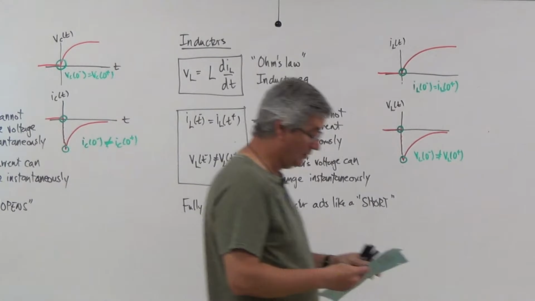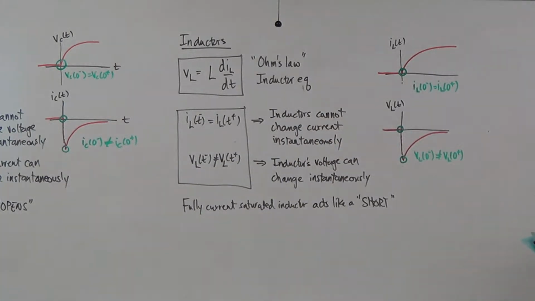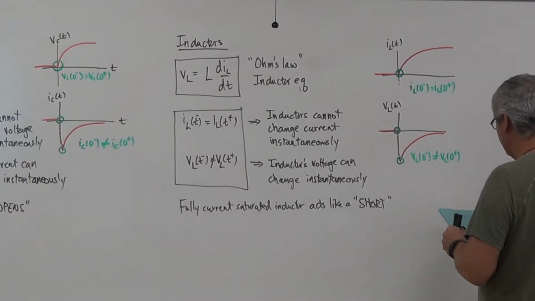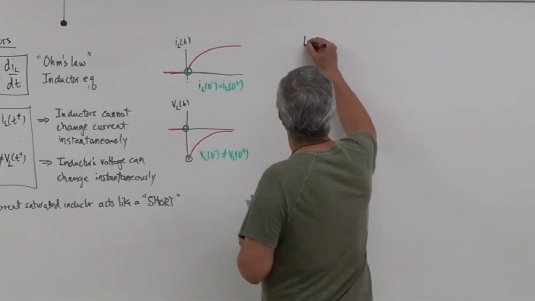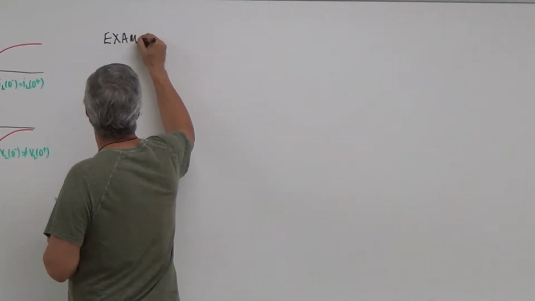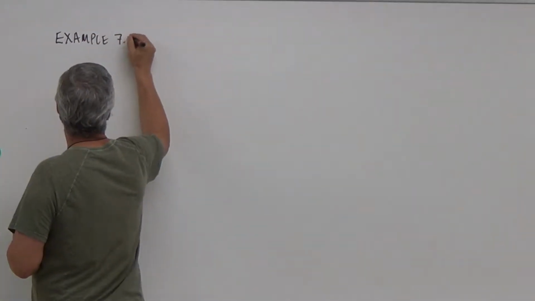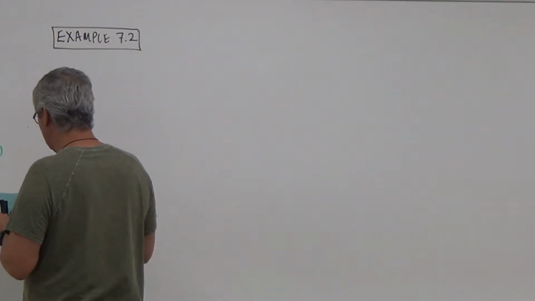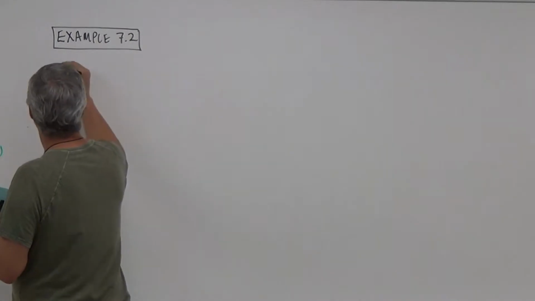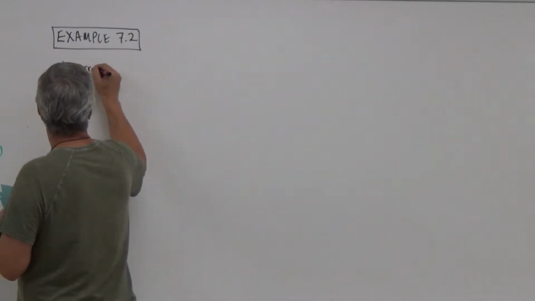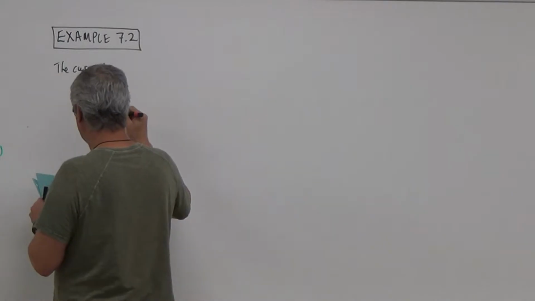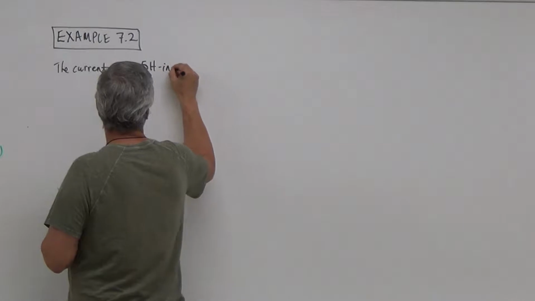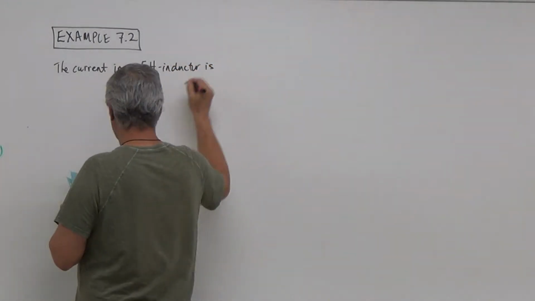Now, just as a very light example of where we're headed, let's look at this example here. Looking at example 7.2, it says that the current in a bi-Henry inductor is given by this.